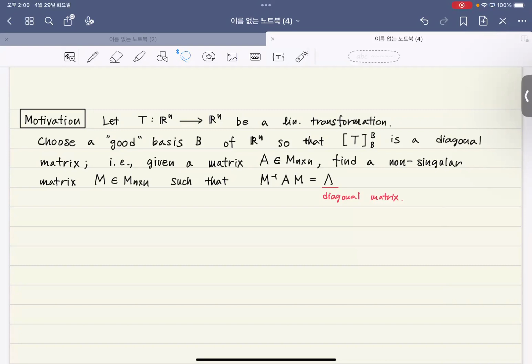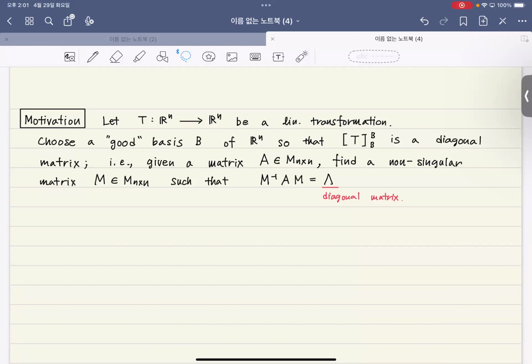Okay, so that means two seemingly completely different matrices may refer to the same linear transformation, depending on the choice of basis. So the question is, for any given square matrix A, or for any given linear transformation, maybe we can choose a very nice basis so that its matrix representation is very nice.